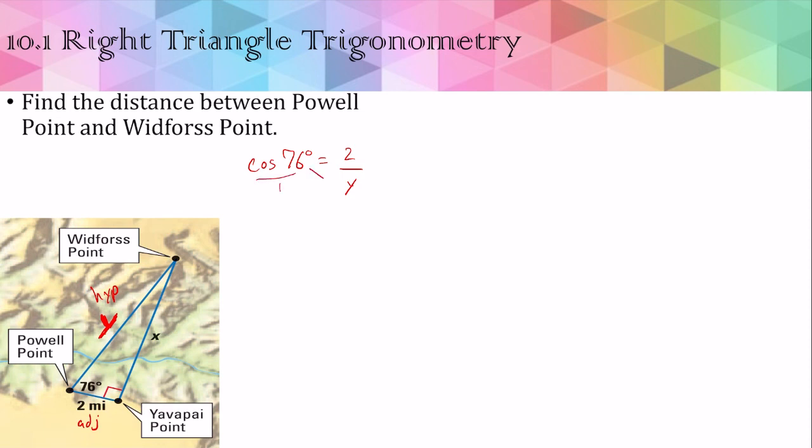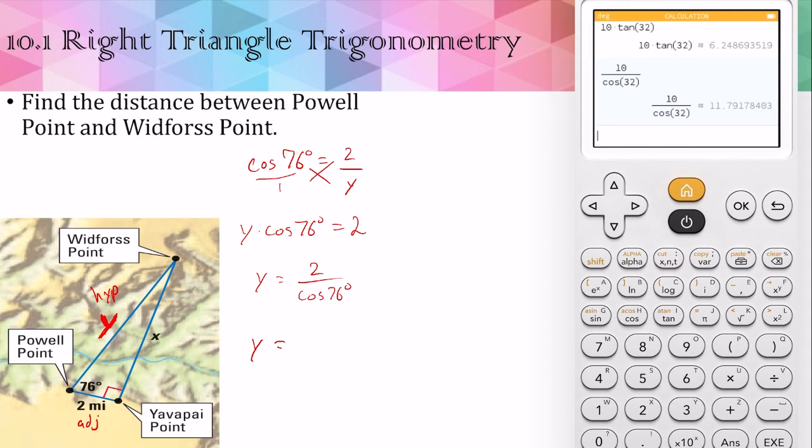So cosine of the angle is the adjacent over the hypotenuse. So over 1 and cross multiply. And then we could divide. And use the calculator, which is about 8.27, and we were in miles.